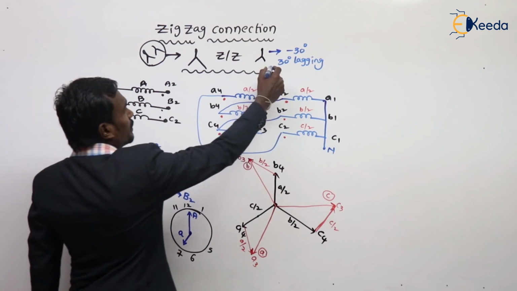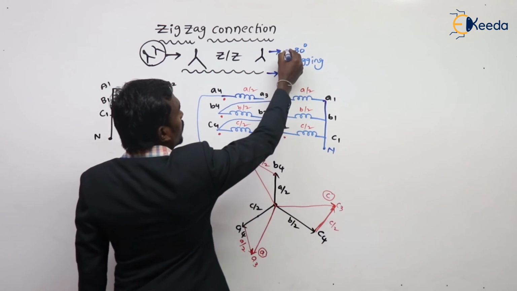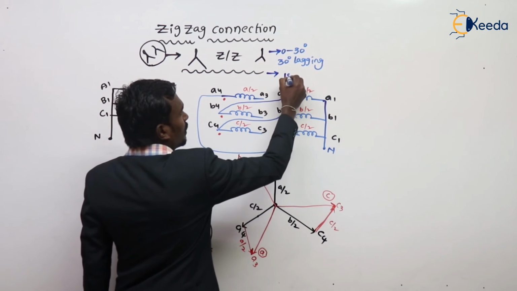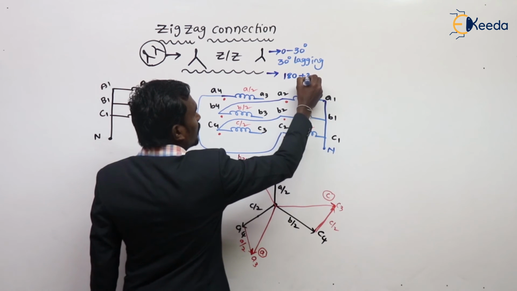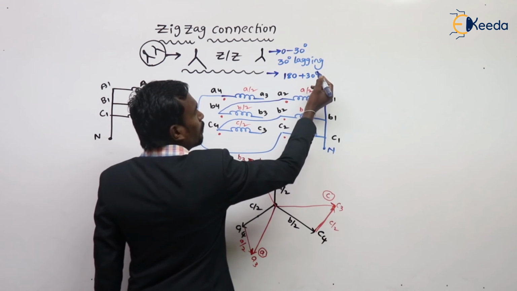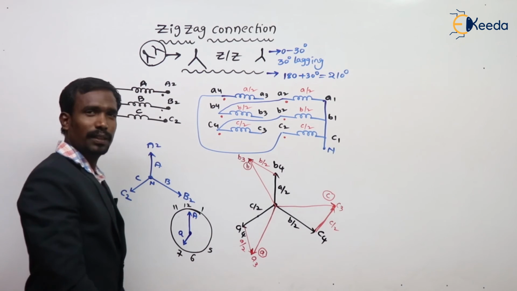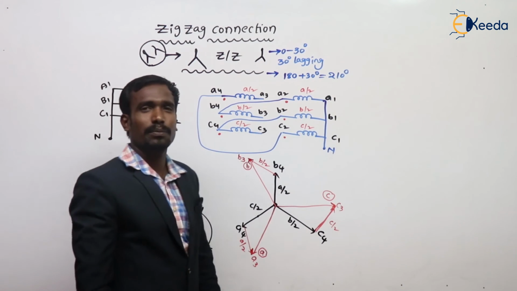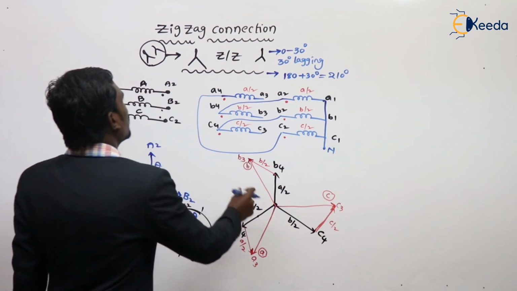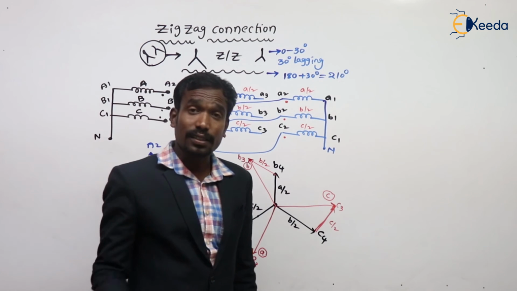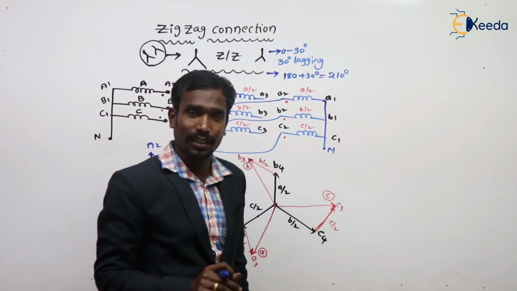Nothing but another one is here, 0 minus 30 degrees is the first one, and next one is 180 plus 30 degrees, nothing but 210 degrees of displacement. Like this, these are the star zigzag star connection diagrams.